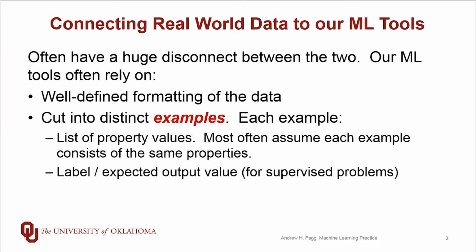Each example is a list of property values, and each of those examples has the same set of properties. For supervised learning problems, we're also going to expect an expected label or expected value that our model should be outputting given the input example that is coming in.